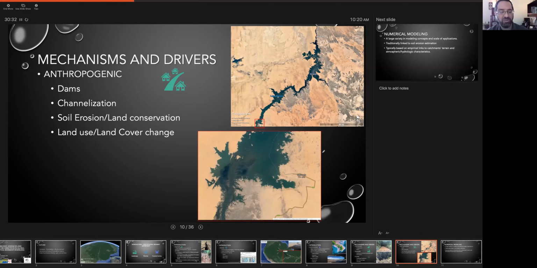We build dams on the rivers, which are very efficient in terms of trapping sediment, preventing sediment from flowing through our river system. But we also, through land use, change the soil erosion energy and soil erosion rates, and therefore all of these processes may conflict with each other, which makes it even more difficult to understand and to model. But humans, especially in the last 200 years, have been a major driver of changes in sediment flux in rivers.